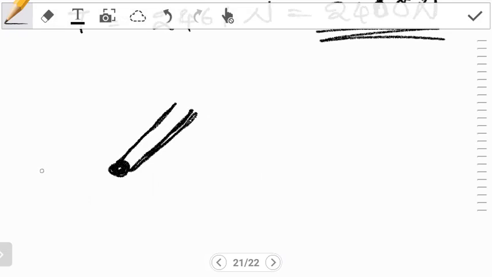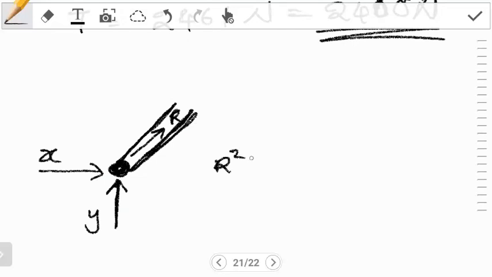We have this force going this side, and then another force going up. We can take this as the force in the X, and this as the force in the Y. To get the force exerted on the beam, this force R squared is equal to x squared plus y squared.